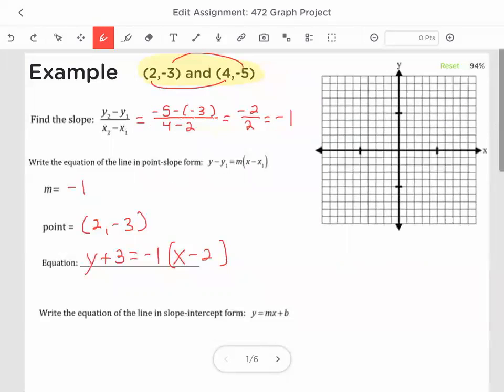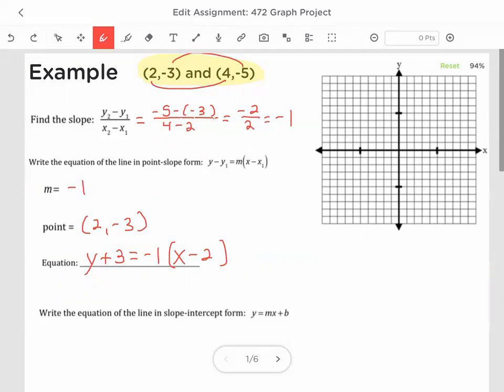So that's it. That is our equation. Once we know the slope and a point, we do y minus the y value equals the slope times x minus the x value.